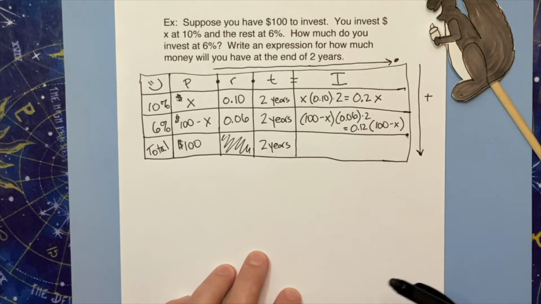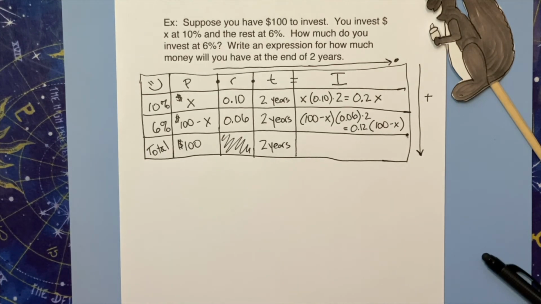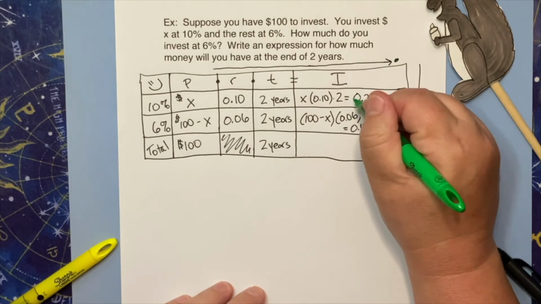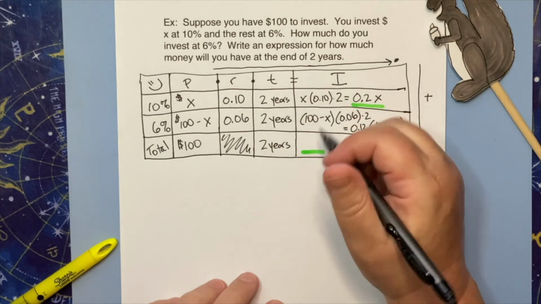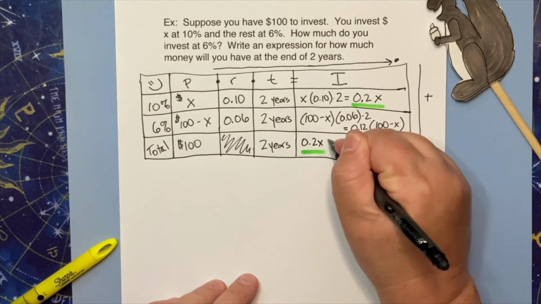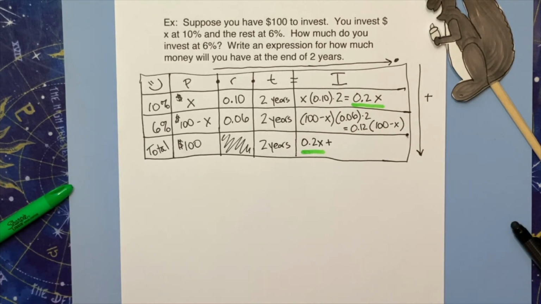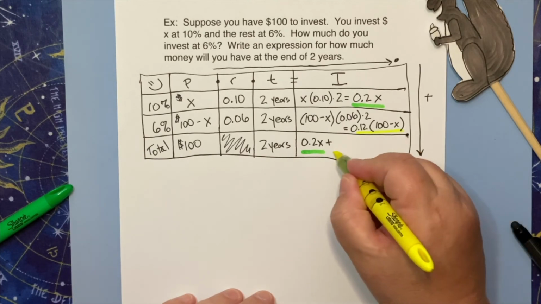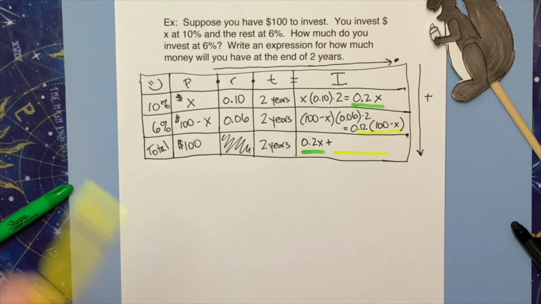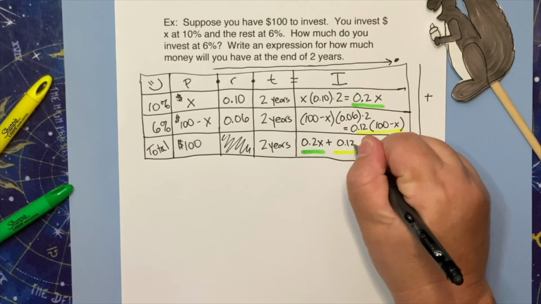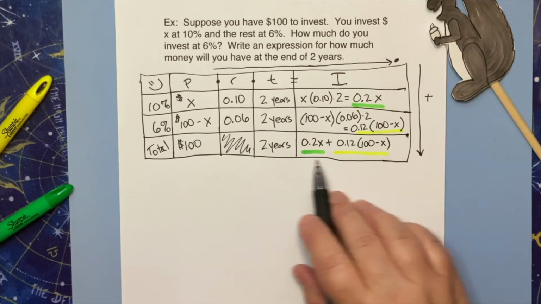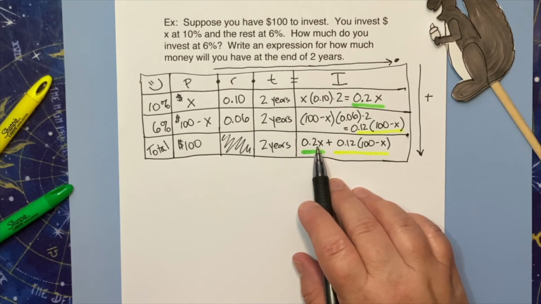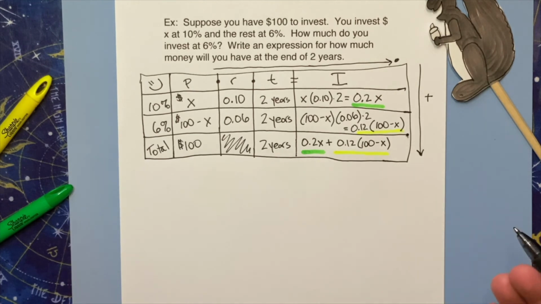And so the final result here is 0.2x, and I'm going to add that to this long one. So this is going to be 0.12 times the quantity 100 minus x, which again, we don't know how much this is because we don't know how much x is, right? As x goes up, 100 minus x goes down, and vice versa.